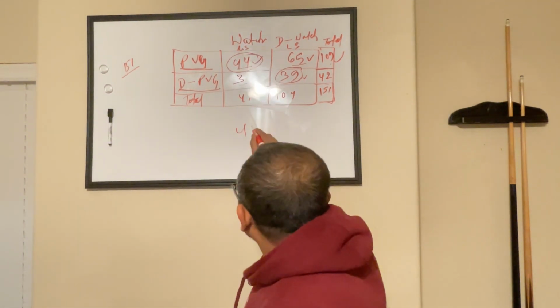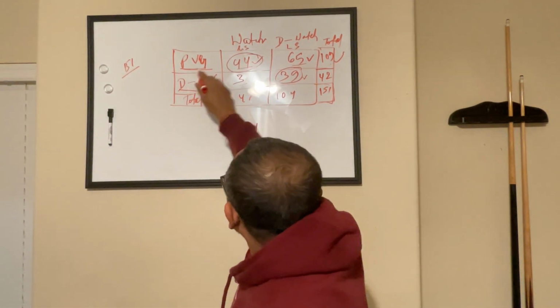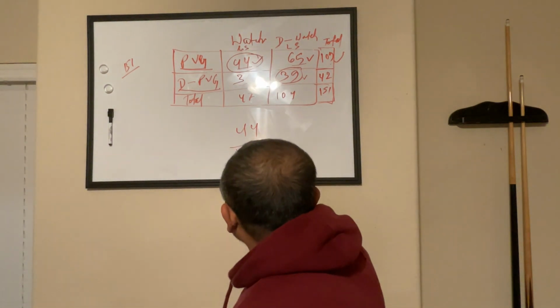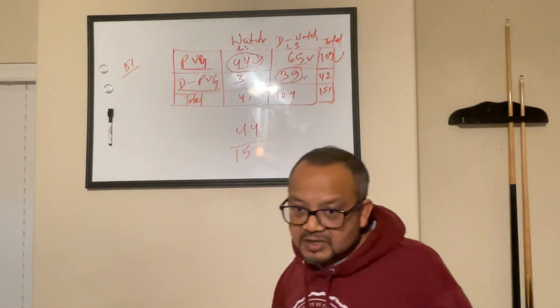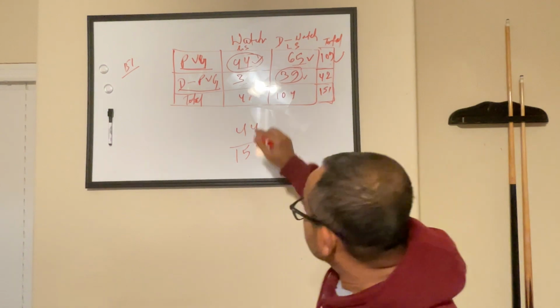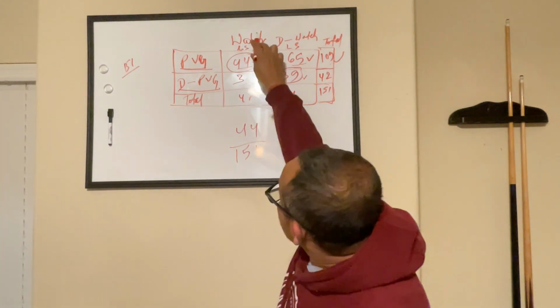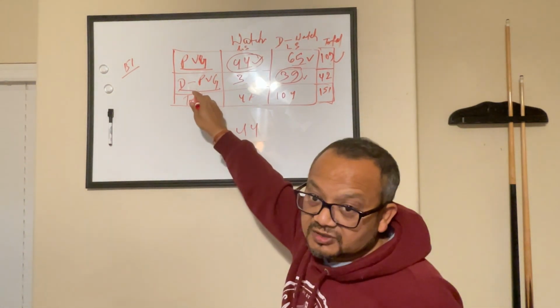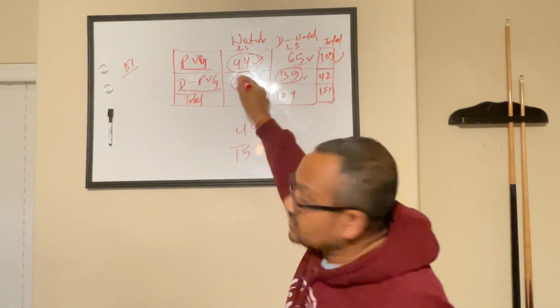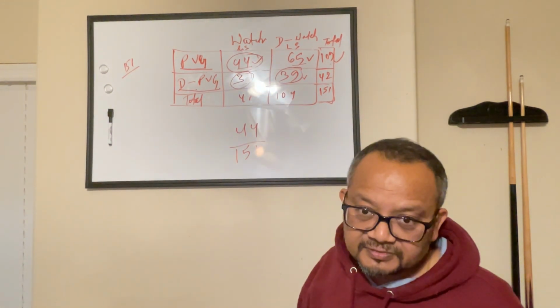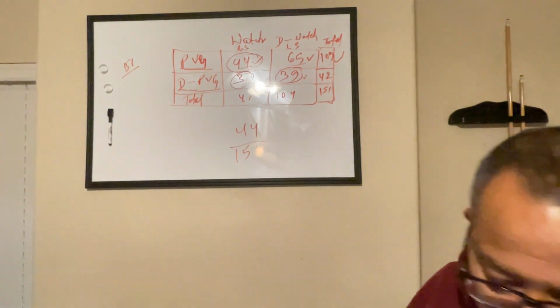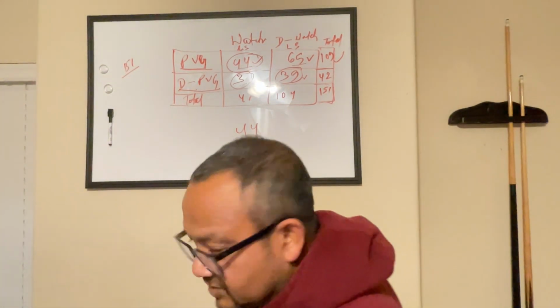You will say, okay, there are 44 kids who play video games and also watch live stream out of 151. This is the probability. So based on what question is being asked, kids who watch live stream but do not play video games, that will be this one. Yeah? So, fine. Now let's look at this next question.